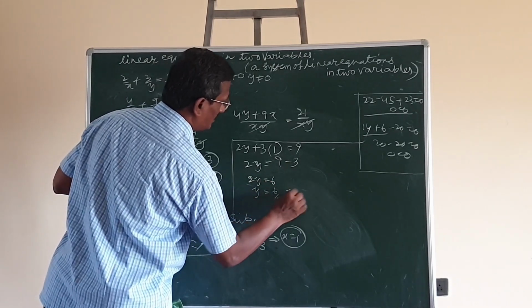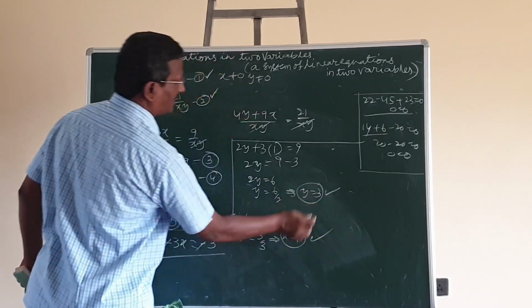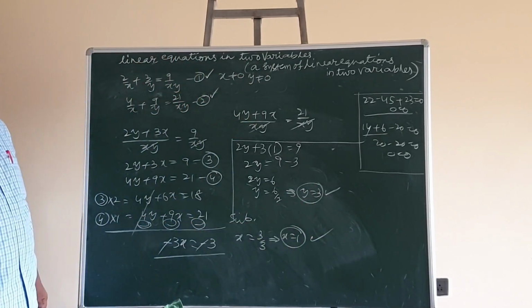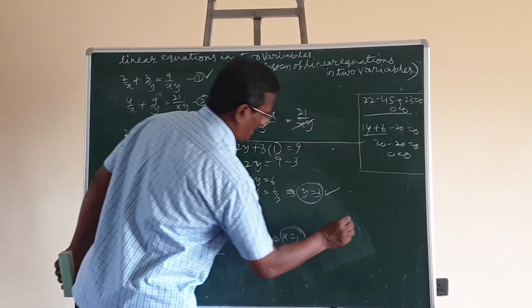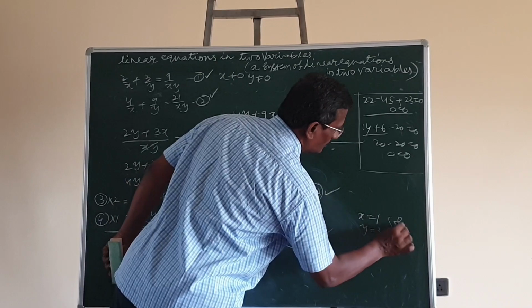This implies y is equal to 3. This x is equal to 1 and y is equal to 3 is the common solution. So at the end we can write x is equal to 1, y is equal to 3, solution.